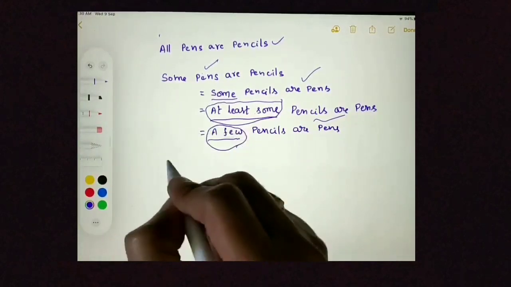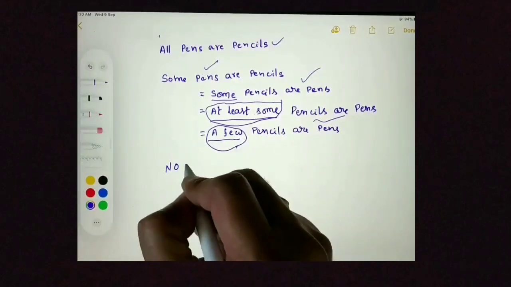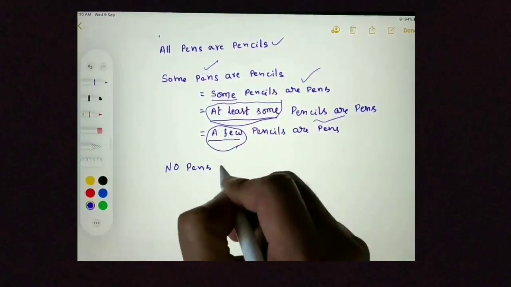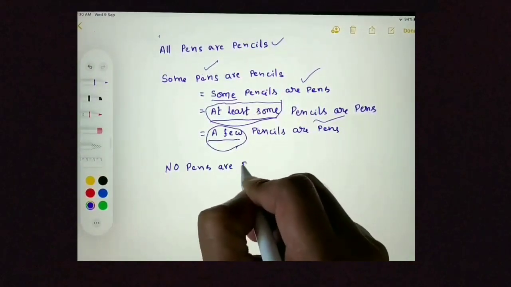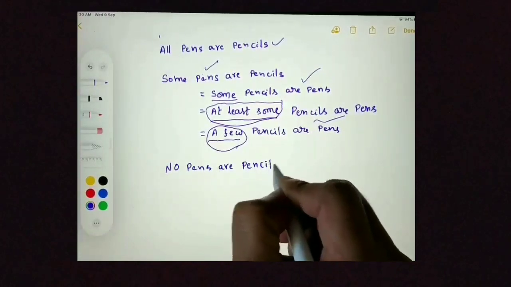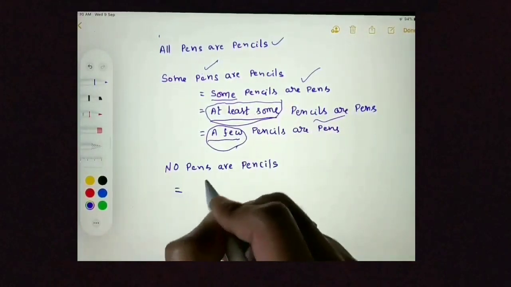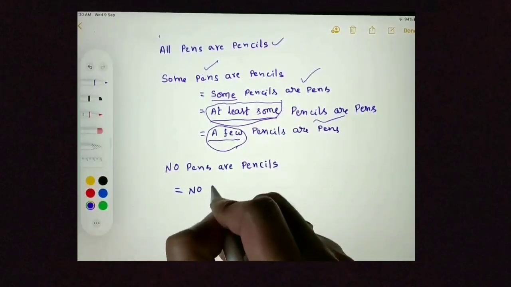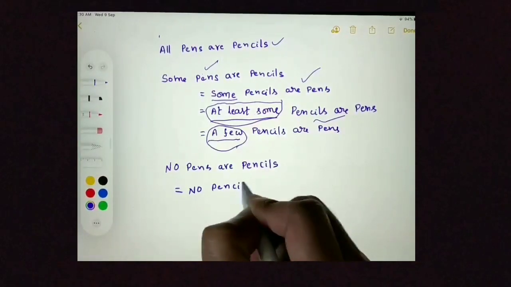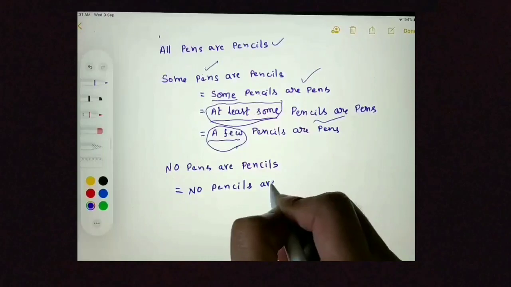Next, if the statement is no pens are pencils, then it is the same as no pencils are pens.